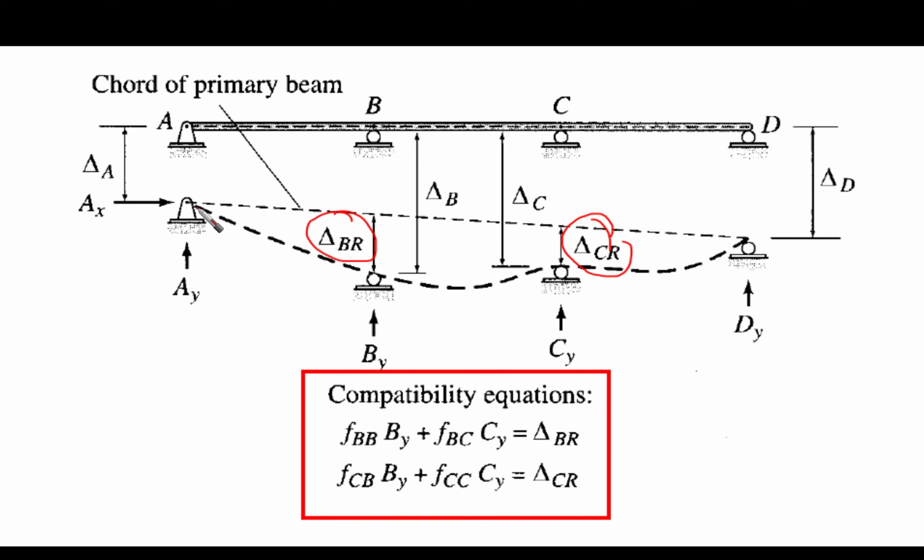What we are going to do is link between the first point and the last point of the indeterminate structure with a dashed line, as you can see here. This dashed line, we're going to call it the chord of the primary beam.